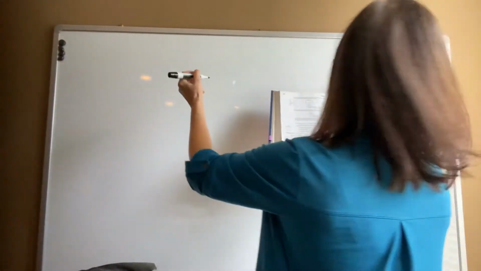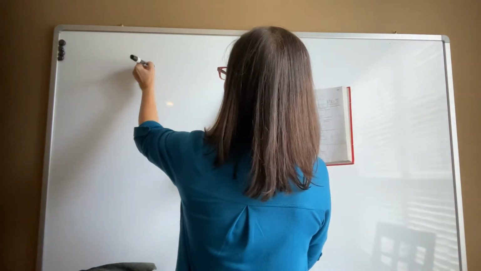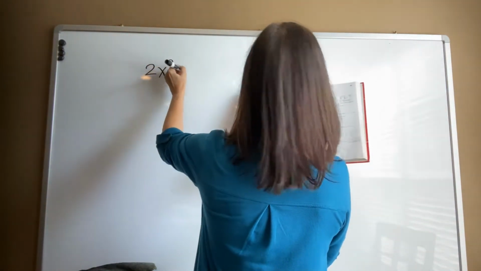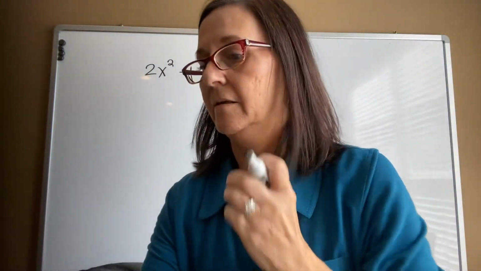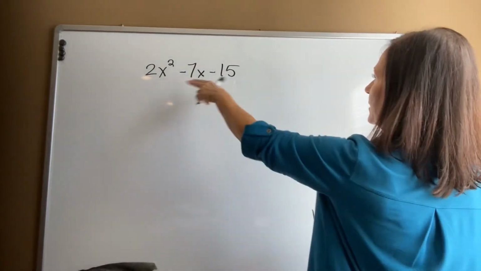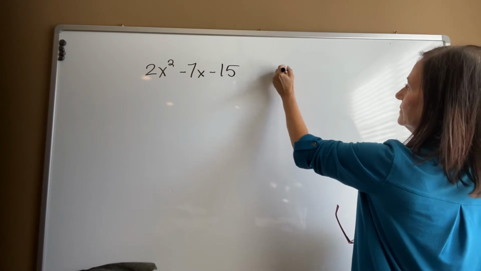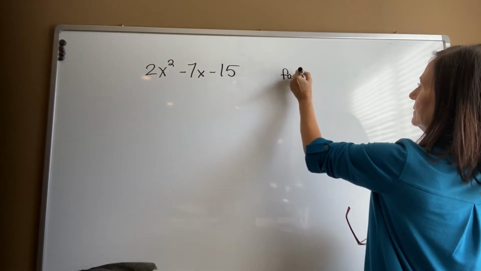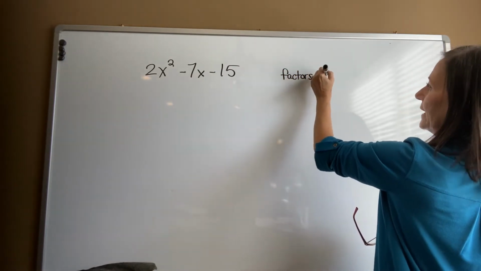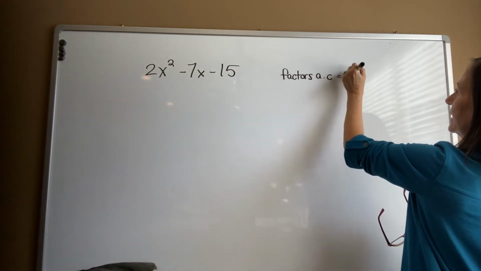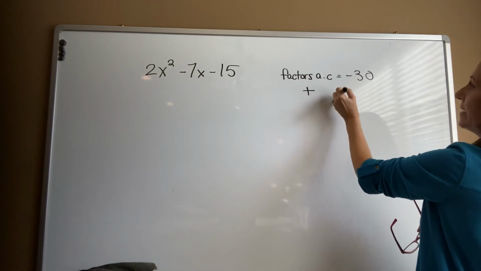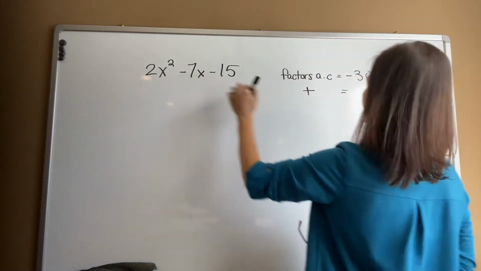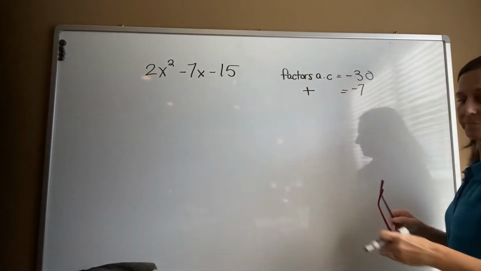All right, 105.2 is, I'm working both ways, 2x squared minus 7x minus 15. All right, so I'm looking for factors of a times c, which is negative 30, 2 times negative 15, such that I add them and it equals the b value, negative 7.